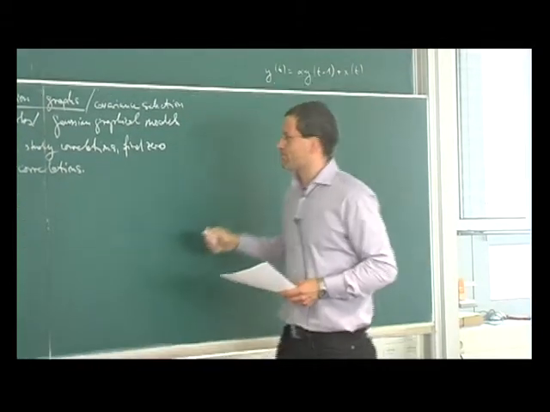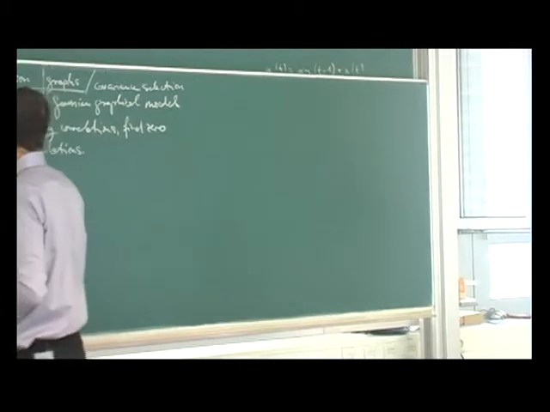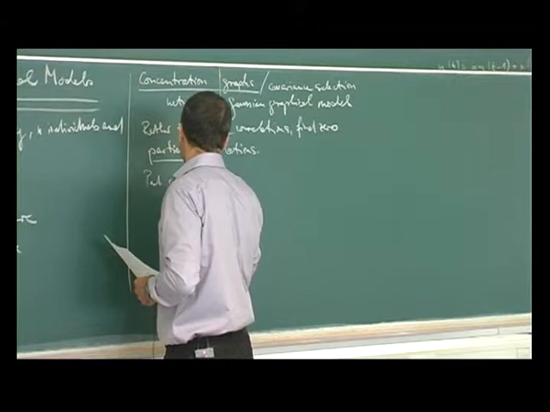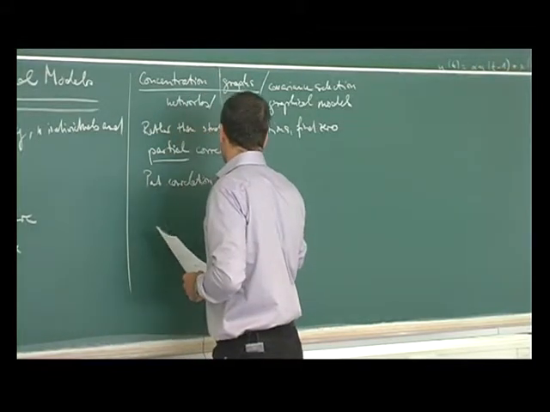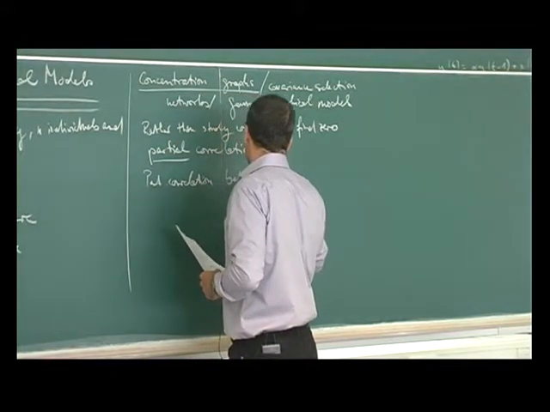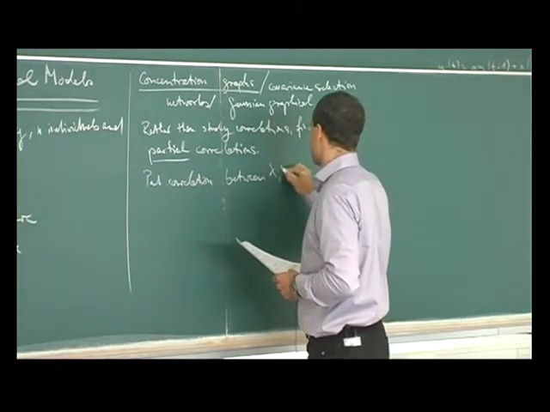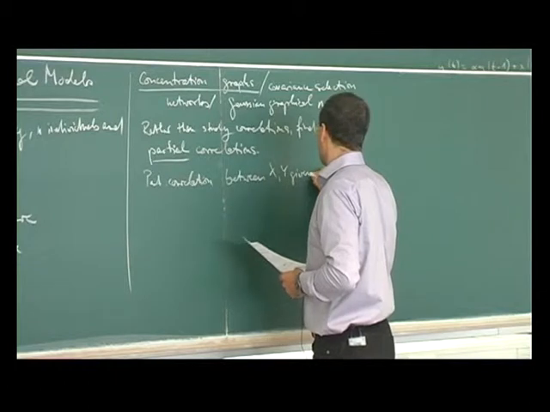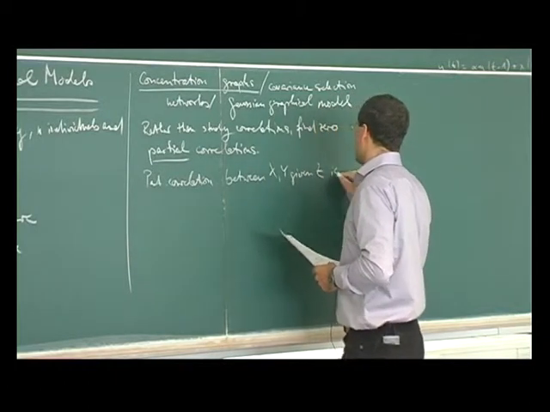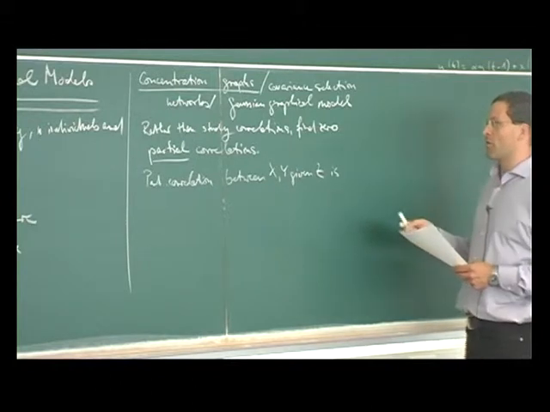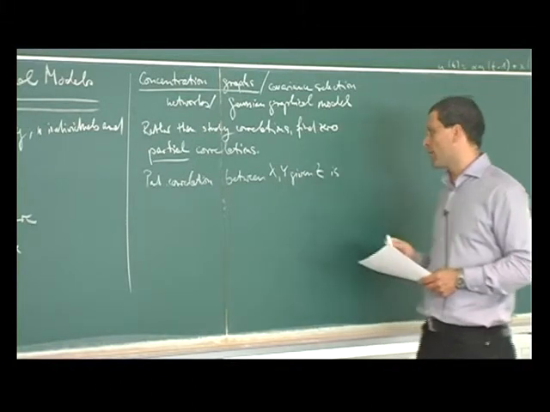So a partial correlation between two random variables x and y given z is the correlation that you find in the residuals after regressing both x and y on z.